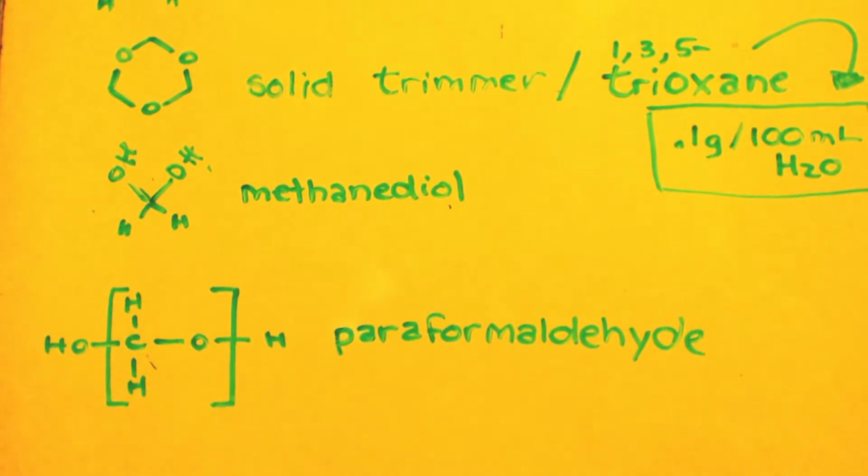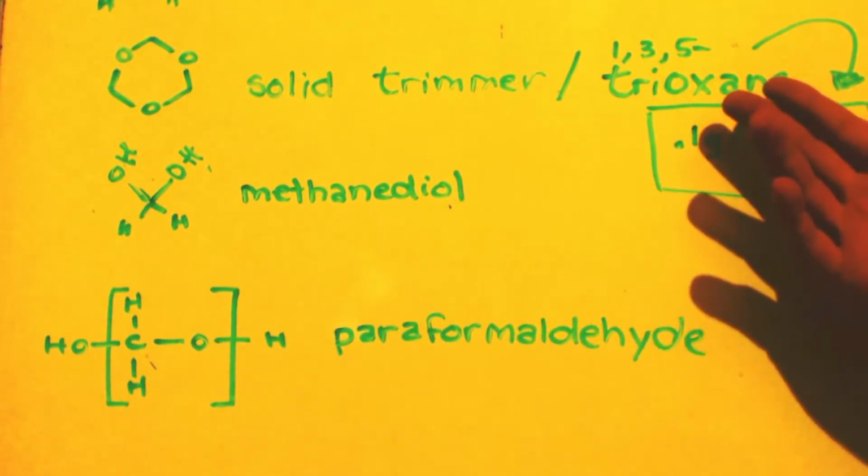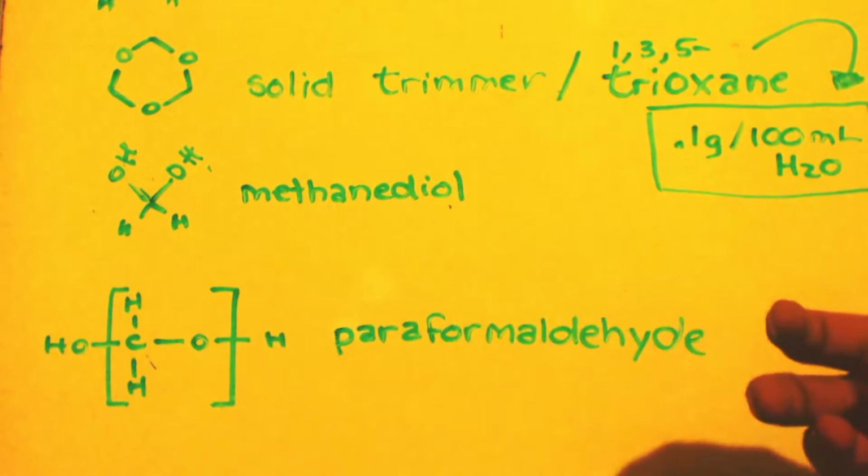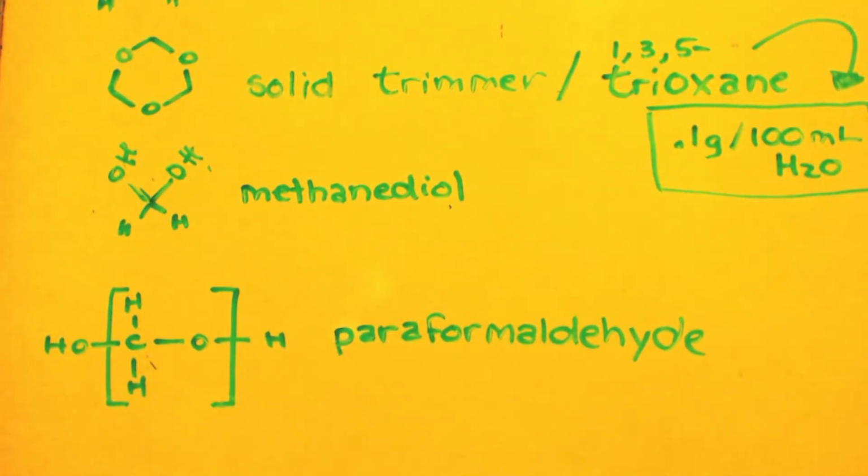Now, if you want, you buy it in a little brick, and then you can chop it up in pieces because it's kind of like a clay. You can put the little chunks into a distillation apparatus and just distill.